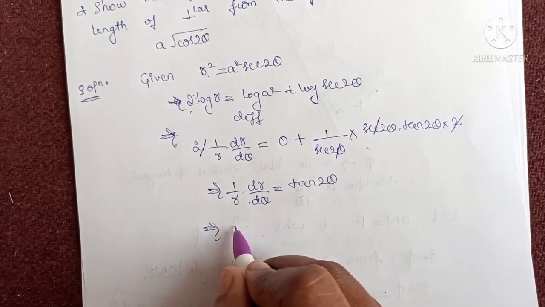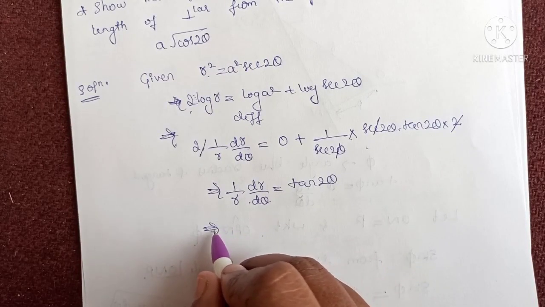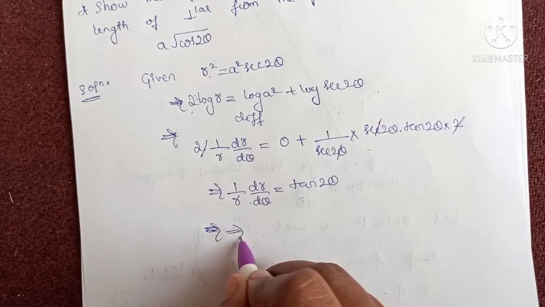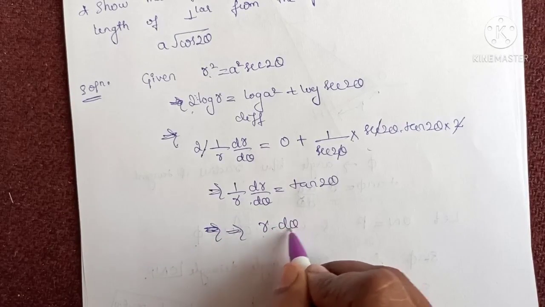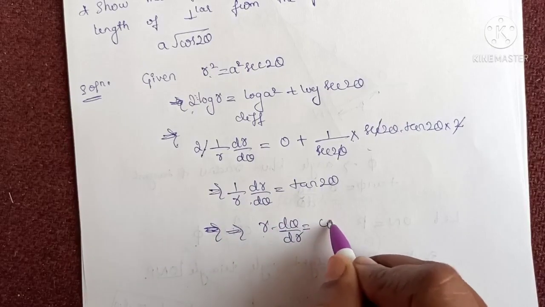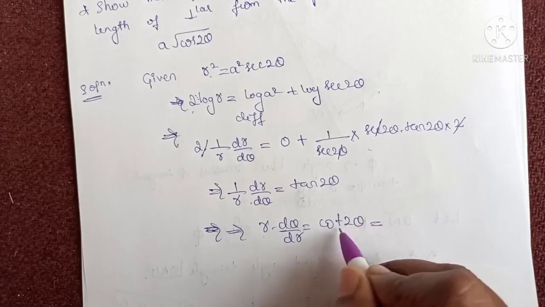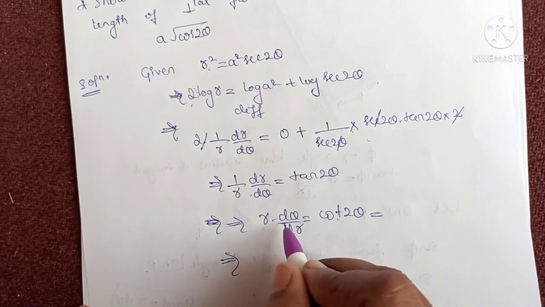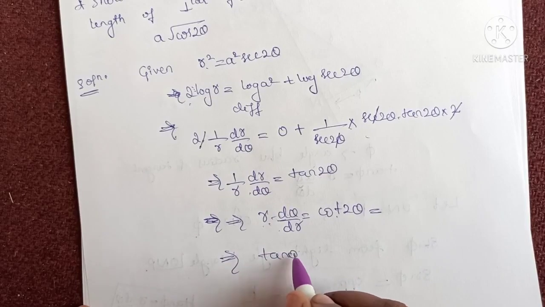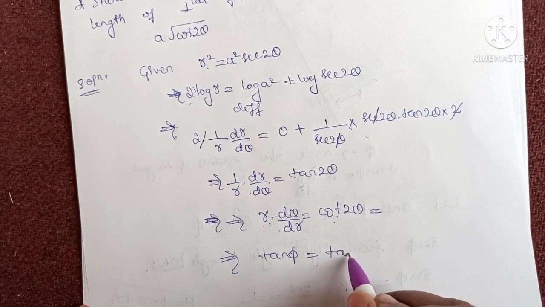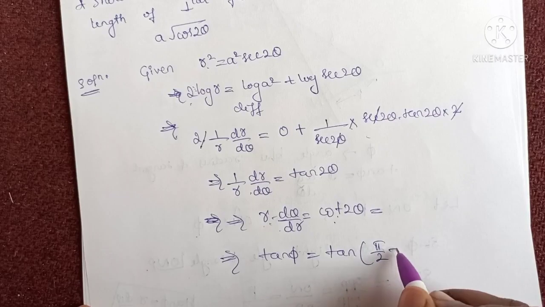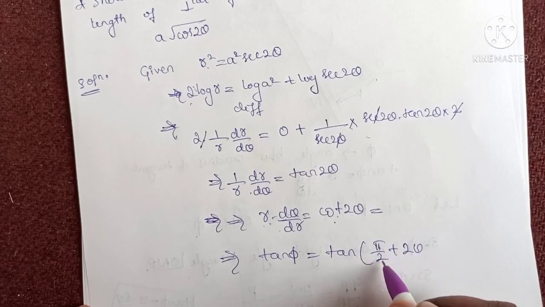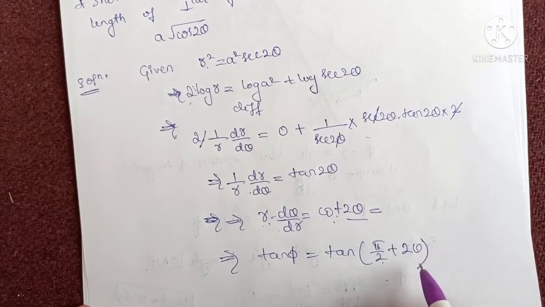Taking reciprocal on both sides, we get r d theta by dr equals cot 2 theta. So this is equal to tan phi equals cot 2 theta, which can be written as tan of pi by 2 minus 2 theta.